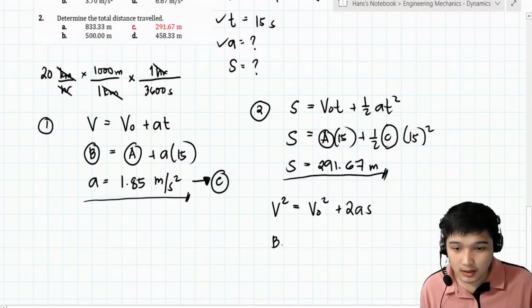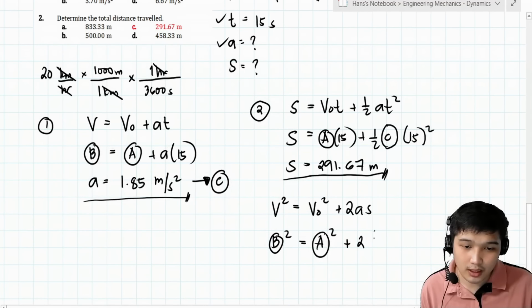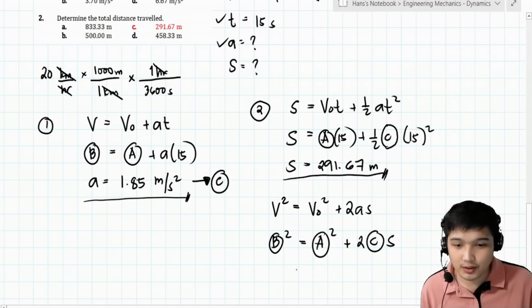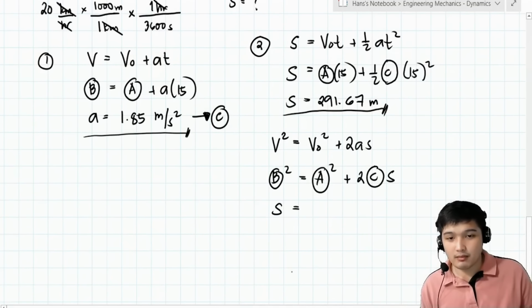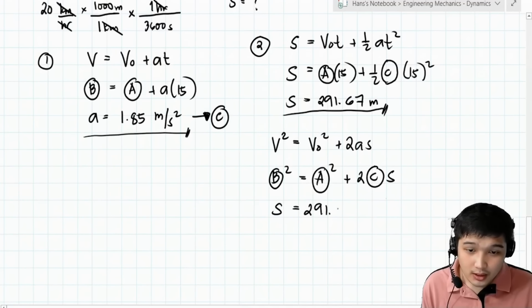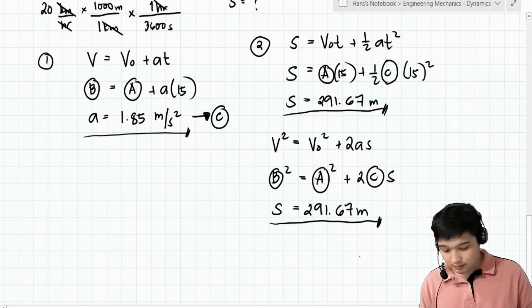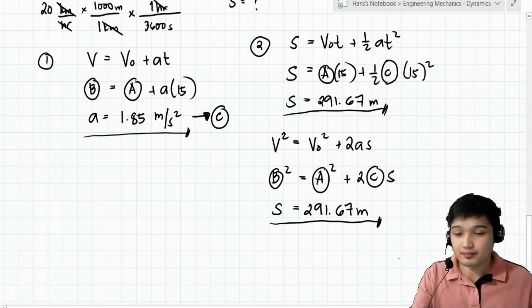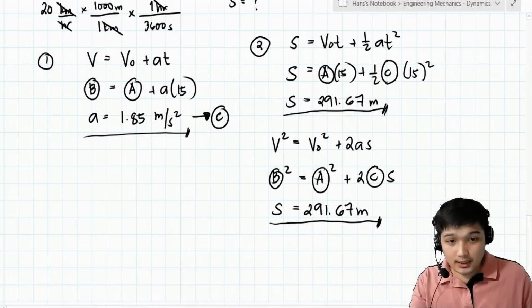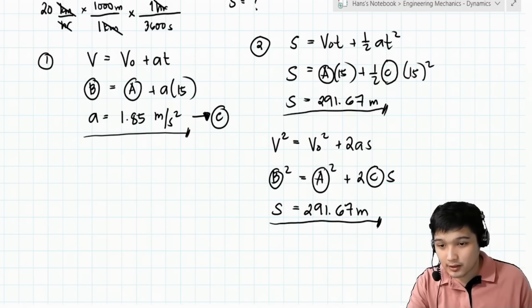Nasa B squared is equal to nasa A squared plus 2, ito nasa C, and then hinahanap yung S. So, syempre, dapat same value lang na 291.67 meters ang makukuha natin using this formula. Okay, so the same lang. So, gets ba yun, guys? Gets? So, kung gets, let us now proceed sa ating next problem.